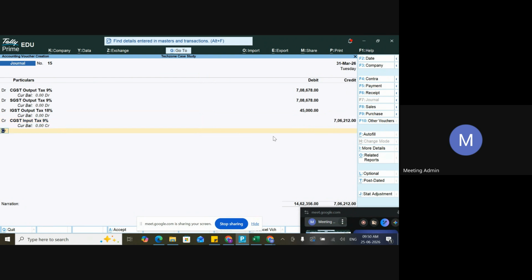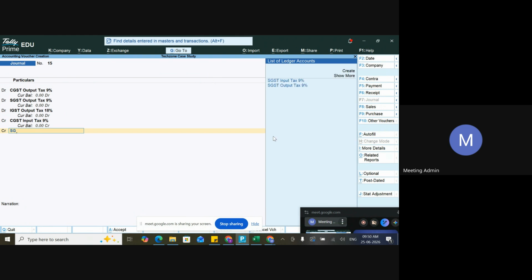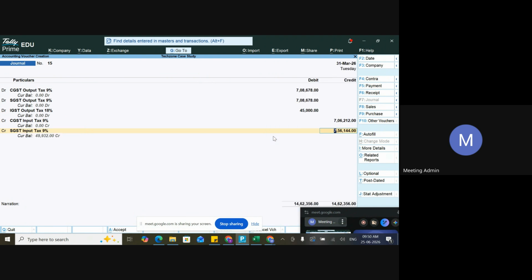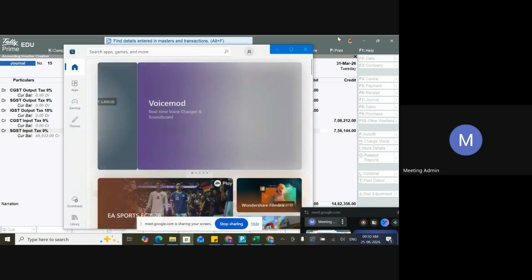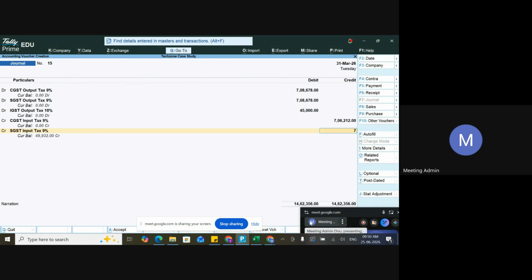SGST, sorry, credit only. SGST input. Why is it showing more? Because the amount is higher, right? That's the reason it is showing more here. Here we have to take the same amount, 7,06,212.